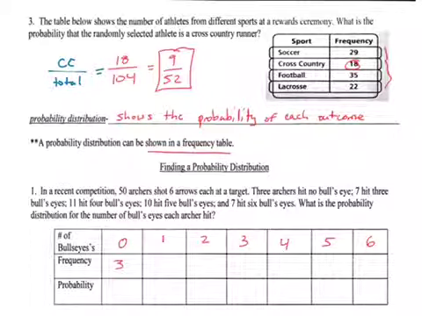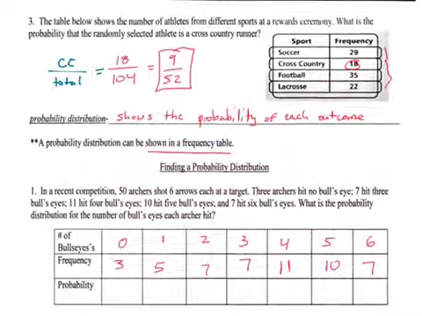Seven of them hit 3 bullseyes. And 1 bullseye, we'll put 5 here, and we'll put 7 here. And so these are the frequencies for the number of bullseyes hit by the various numbers of archers.